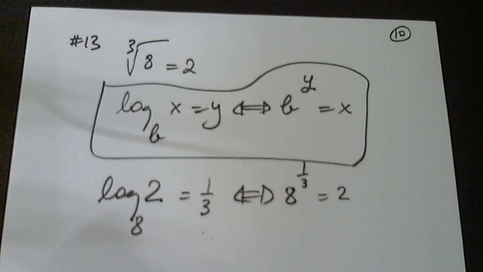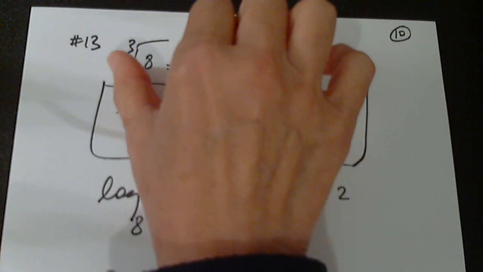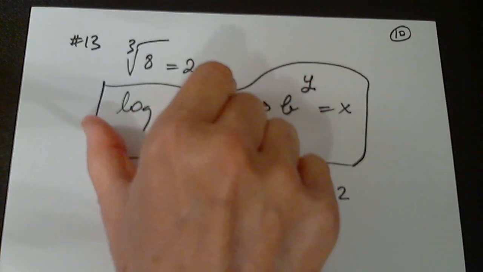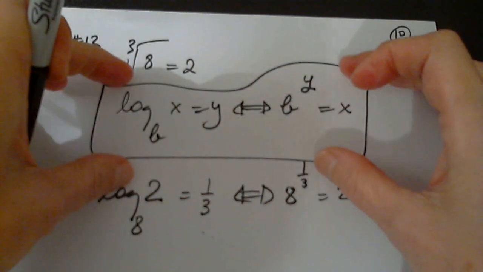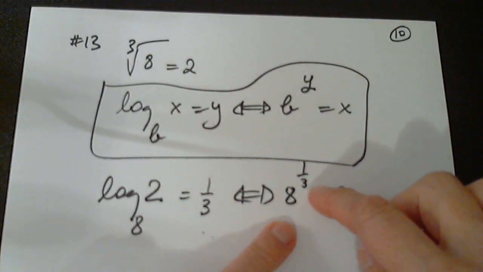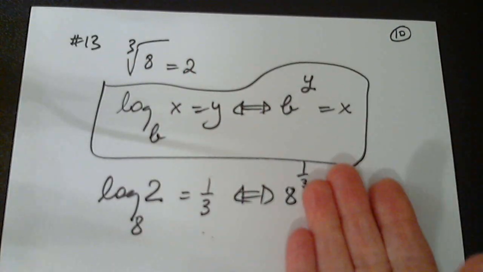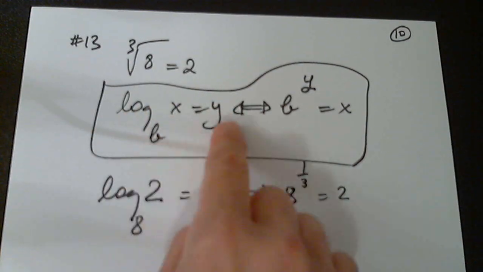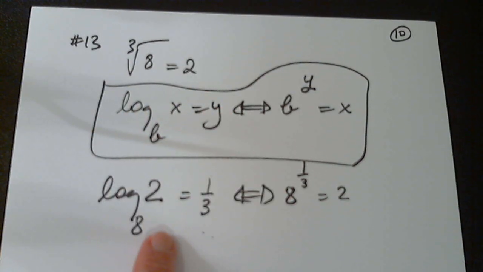So it may be, at least at first, a little bit more difficult to start with an exponential and come up with a log. Write the relationship, identify the base, identify the power, identify x, and then it's very easy to convert it and just put the numbers in here. 8 to 1/3 equals 2.